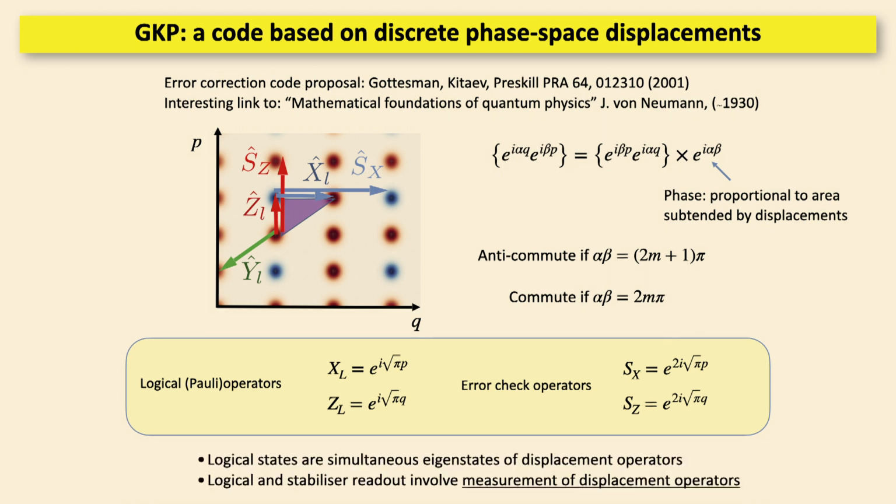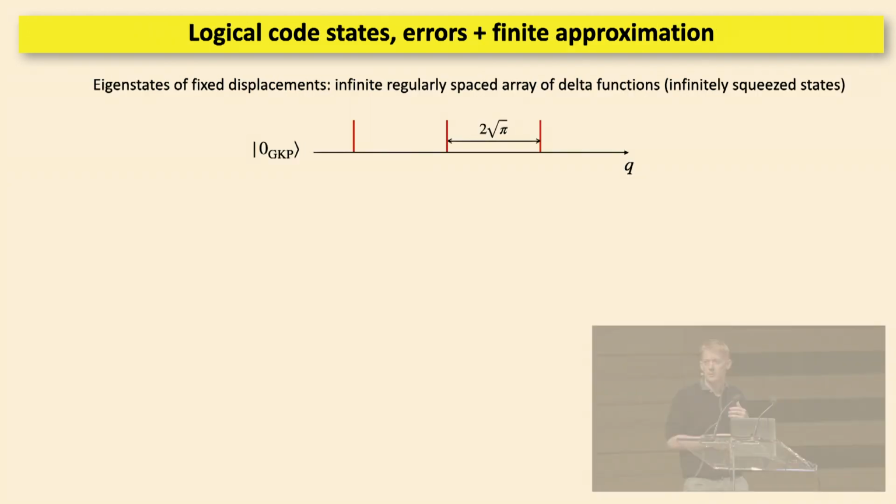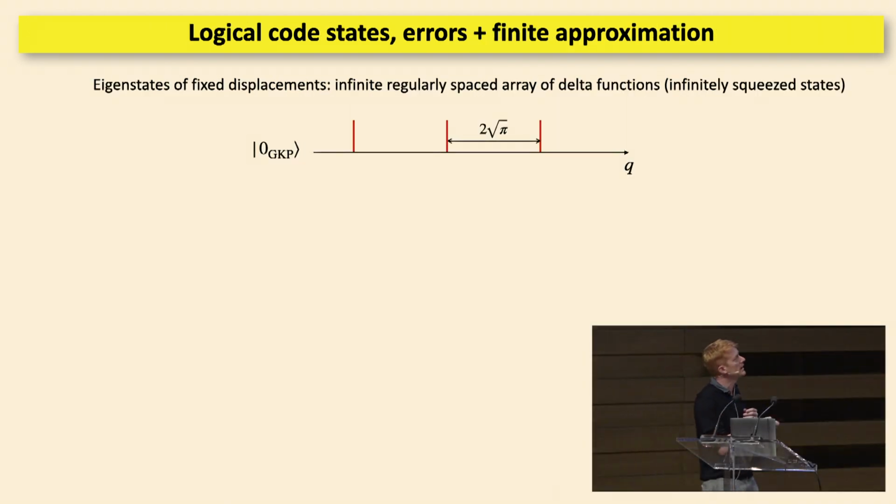So what does the underlying quantum state of these codes look like? Well, in a theory proposal, you would say it's a regularly spaced array of delta functions. You have to have eigenstates of these discrete displacements in phase space. So here would be a 0 state, and it's displaced.